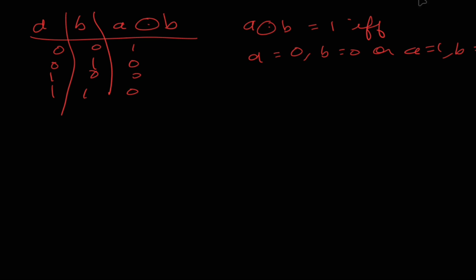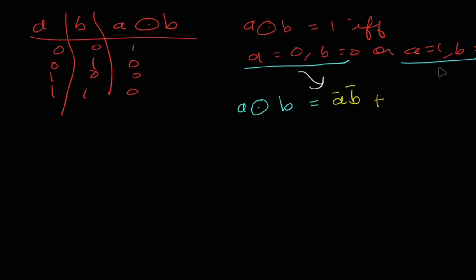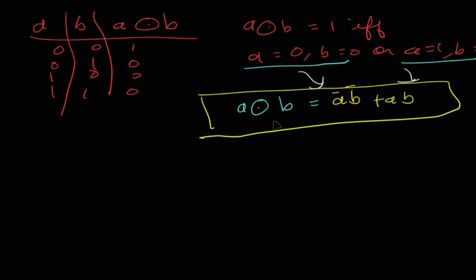Very simple. Either this will happen or this will happen. So XNOR will be equal to A bar B bar plus A B. Is this clear? This is how we write the equation.